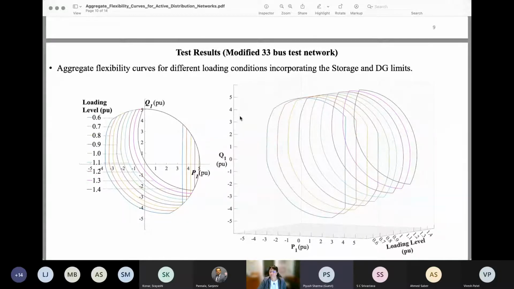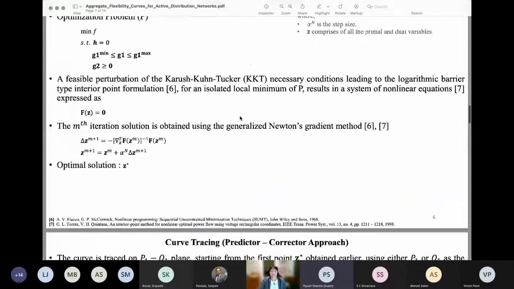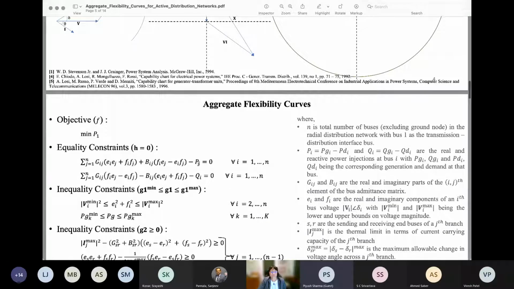As you can see, Pi is equal to PGi minus PDi, where PDi is assumed to be constant. Instead of assuming it to be constant, we can multiply it with a parameter, let's say K, and that will become a variable. That can take care of the flexibility of loads. I hope I have answered your question, sir.